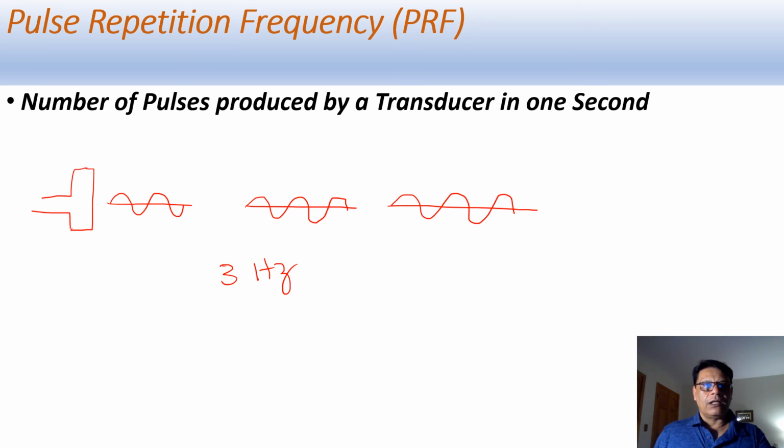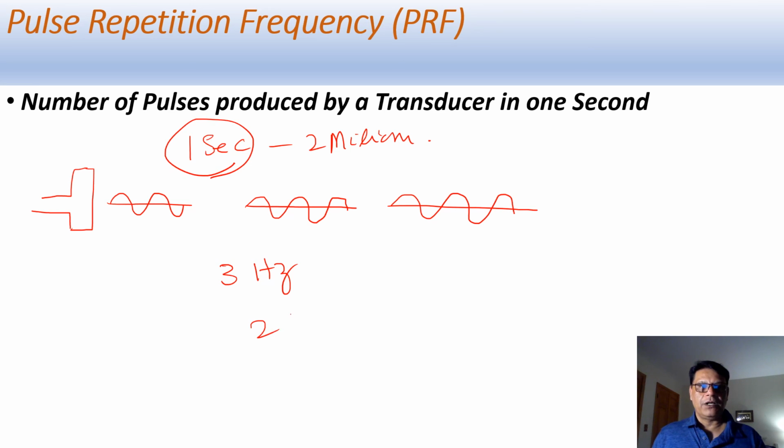If this transducer produces 2 million pulses in 1 second, its frequency will be 2 megahertz.